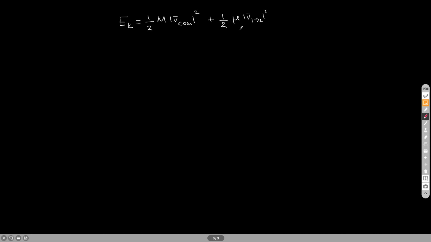So with this Greek letter mu, I refer to m1 m2 divided by big M, and this is what we call the reduced mass.